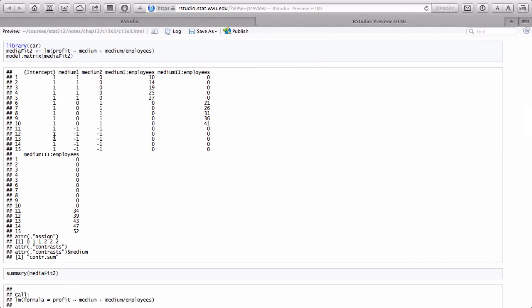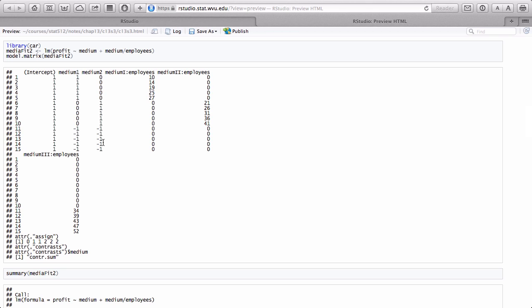The intercept is all 1s, and then for alpha 1, I get a 1, 0. For alpha 2, I get a 0, 1. And for alpha 3, I have a minus 1, minus 1, because alpha 3 is equal to minus alpha 1 minus alpha 2. And then notice that instead of having 1 column with all the employees listed, I actually have 3 columns.